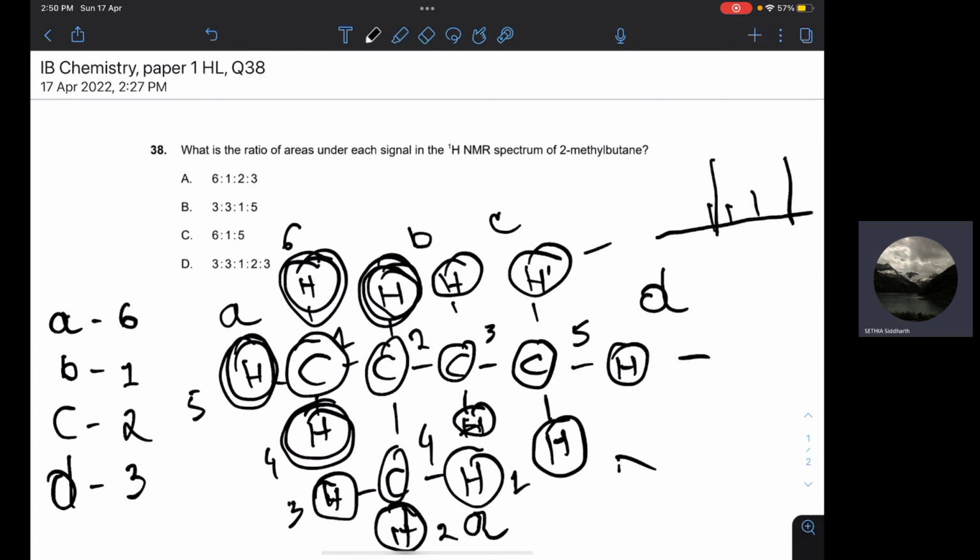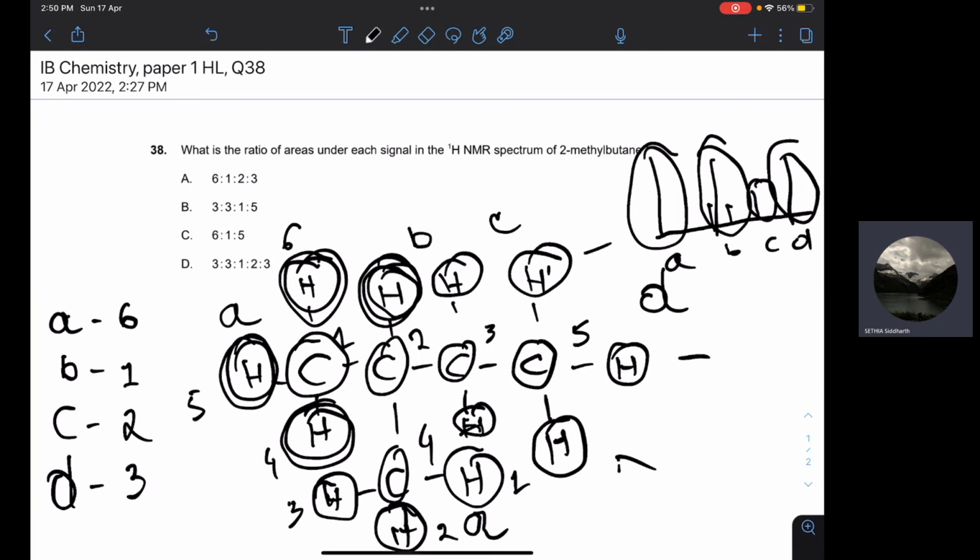You have a bunch of lines, and each different line represents a different hydrogen environment. So this could be something like A, B, C, D, different hydrogen environments. And the ratio of areas under each of these signals tells us how many hydrogens are present in each environment.